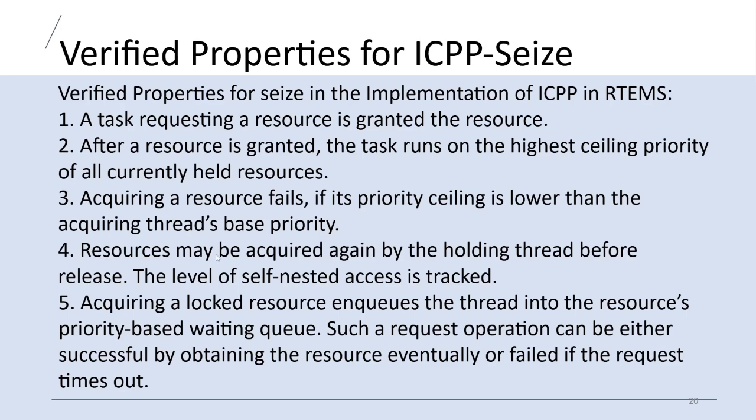The resource may be acquired again by the holding thread before release. The level of self-nested access is checked. 5. Acquiring a lock resource enqueues the thread into the resource priority-based waiting queue. Such a request operation can be either successful by obtaining the resource eventually, or fail if the request times out.